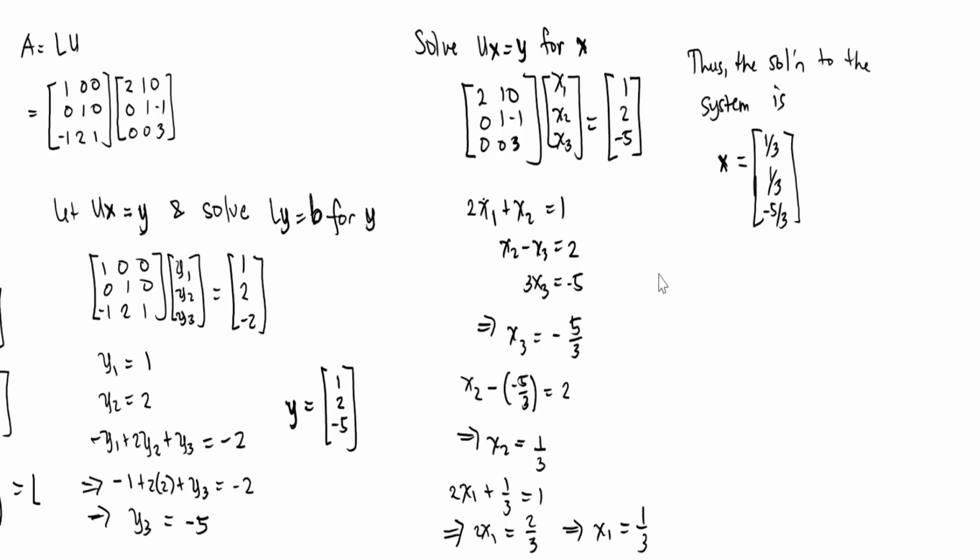Okay, so that's it. That is how you solve for the x in Ax equals b using the LU factorization of the coefficient matrix. So that's the end of our chapter 1.